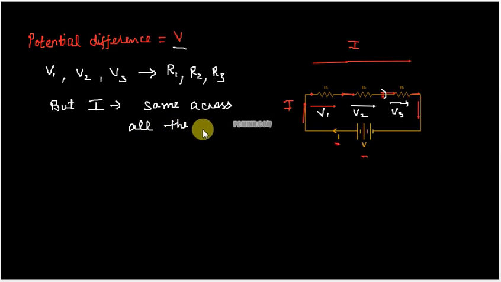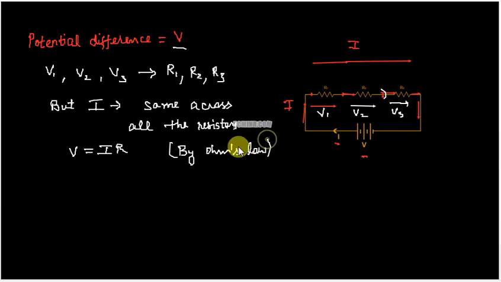Now when I is the same across all the resistors, we apply Ohm's law: V is equal to IR. And also V is equal to the sum of these three potentials, V1, V2, V3, which gives you the total potential difference applied.